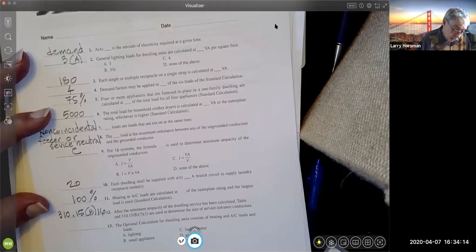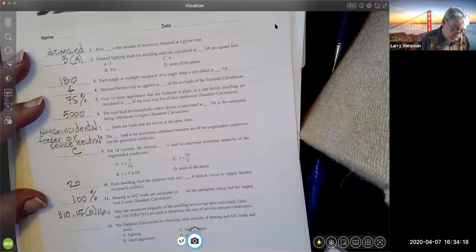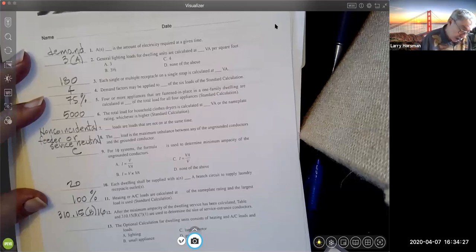The optional calculation for dwelling units consists of heating and AC loads and general loads, so that would be D.